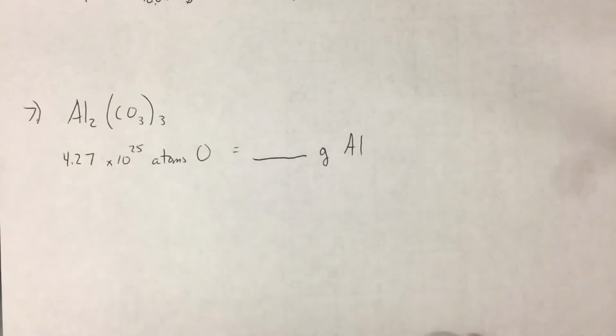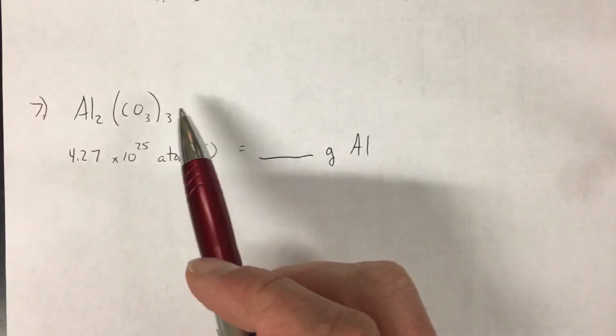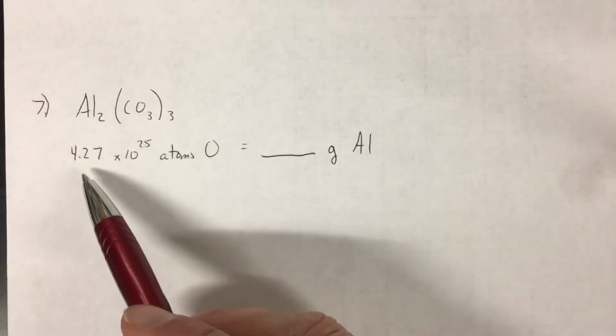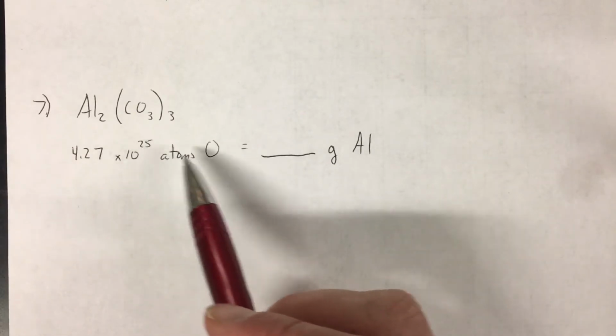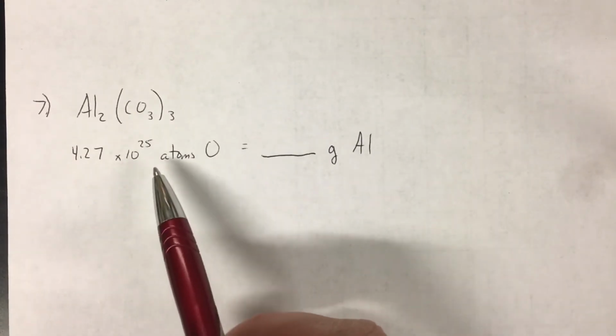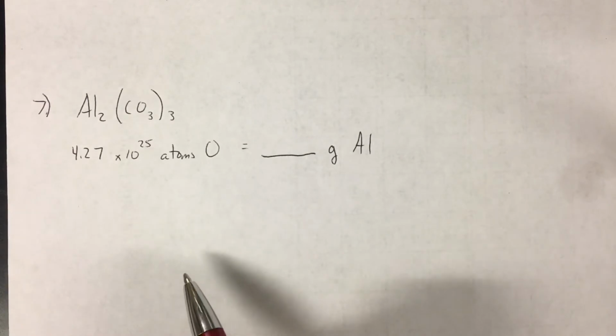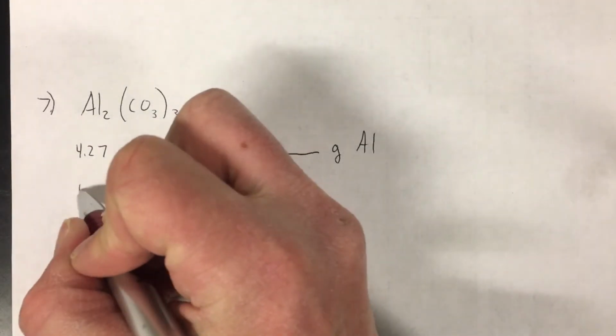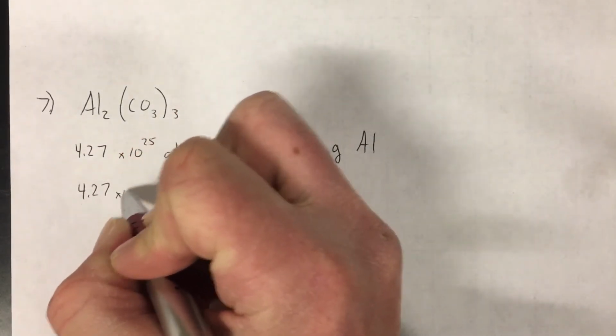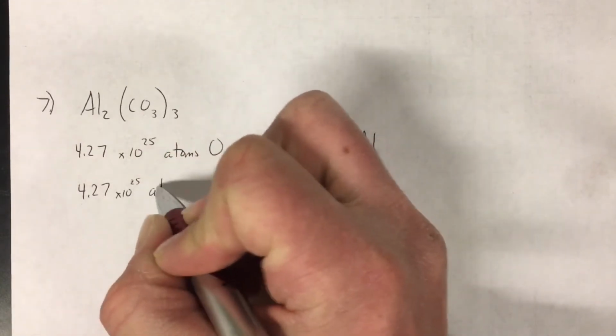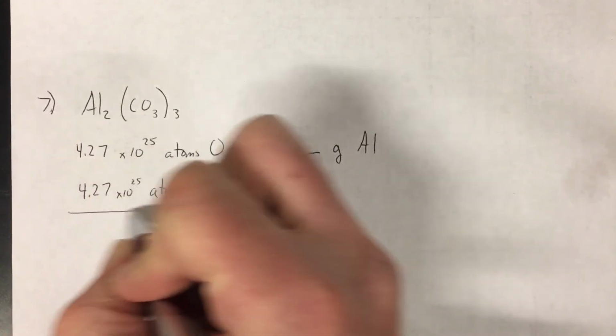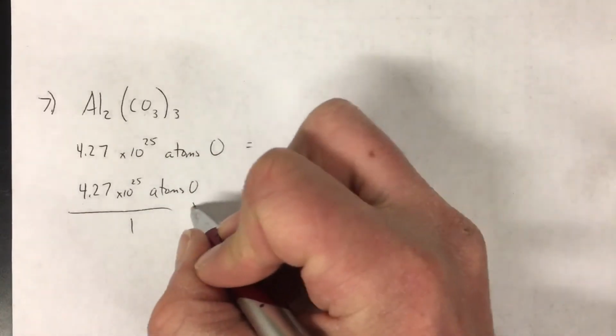Number 7, so we've got some aluminum carbonate, and within the aluminum carbonate we have 4.27 times 10 to the 25 atoms of oxygen, and we want to, from that, figure out how many grams of aluminum. So take what you're given, label it, put it over 1.